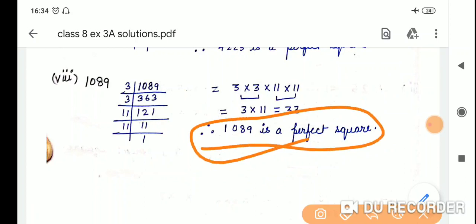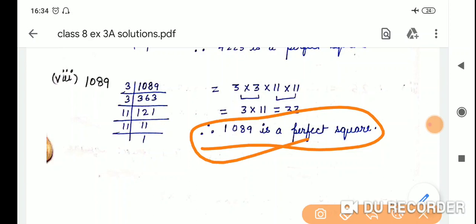Understood? So I hope you understood this question. This is a very easy question. You just need to calculate the factors, and there are two main things you need to remember: if all the factors are having pairs, then the number is a perfect square, and if any factor is not having a pair, then it is not a perfect square.